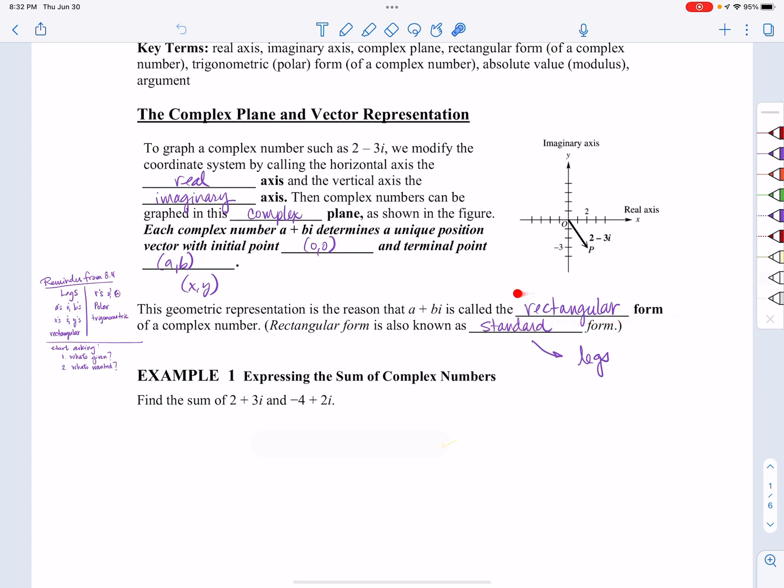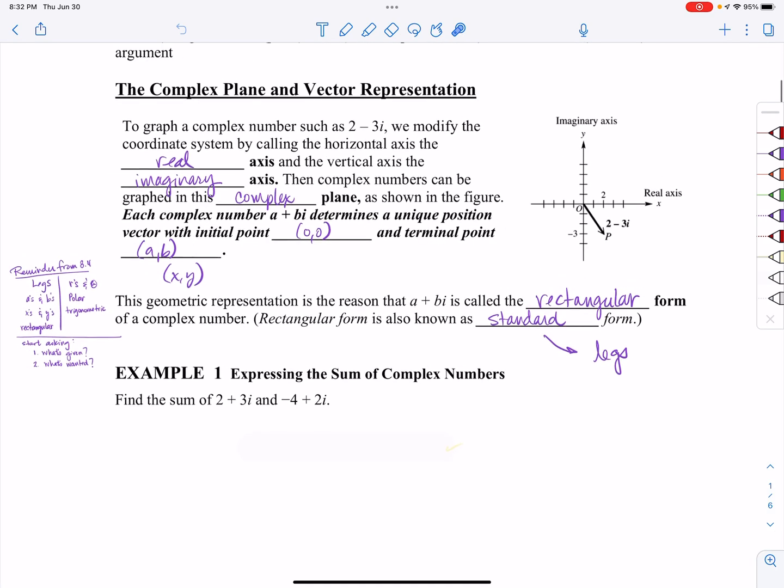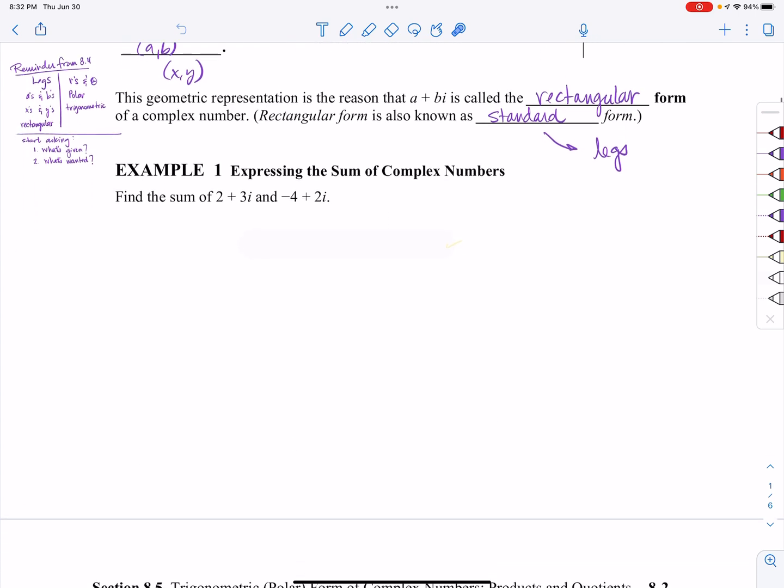So anytime you're asked for rectangular form, you are being asked for a plus bi. This is also known as the standard form. So if you see rectangular or you see the word standard, your brain should say, oh, I'm on the leg side.